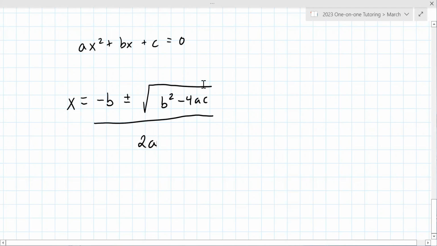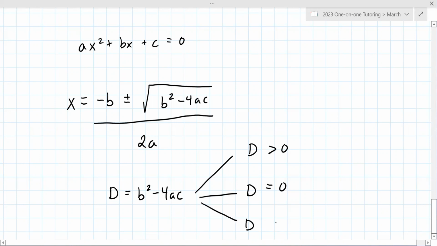Now there are 3 possibilities for what's called the discriminant. The discriminant is the part under the square root. It could be greater than 0, it could equal 0, or it could be less than 0. It could be any number.